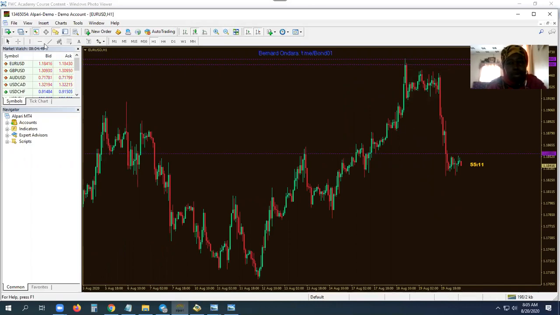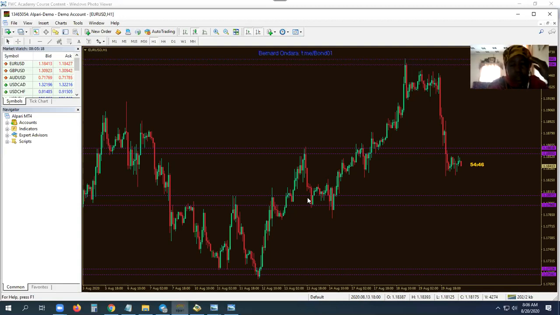This could be resistance equally because price could not go above that zone. Down here, this could be support because price could not go below this zone. And you will also notice price could not go above this zone, so it was resistance. But once it was broken, price could not go below it, now acting as support.